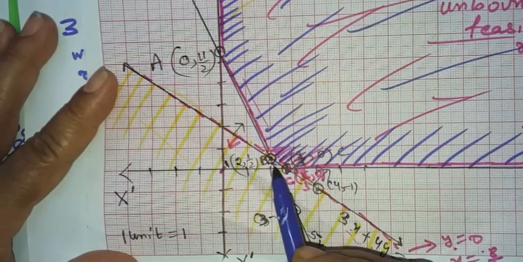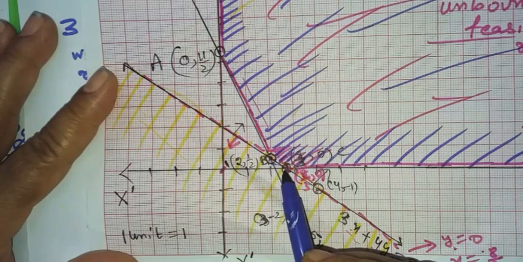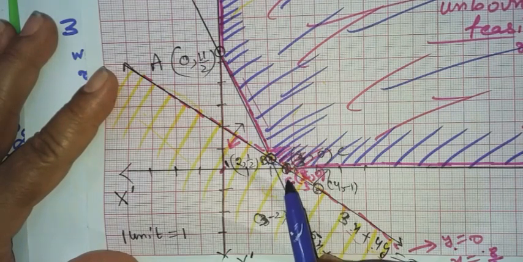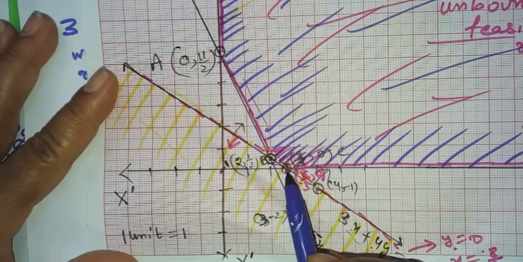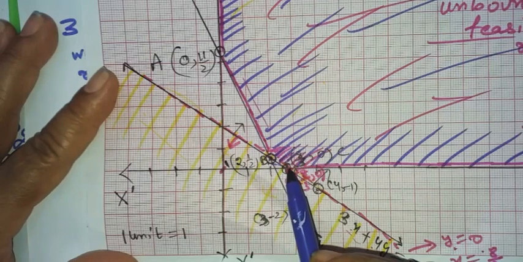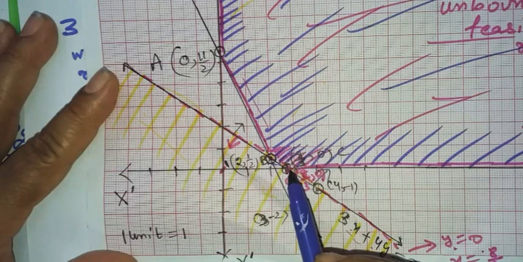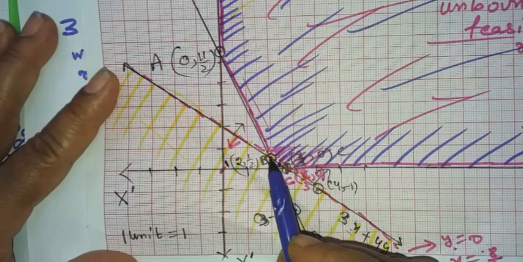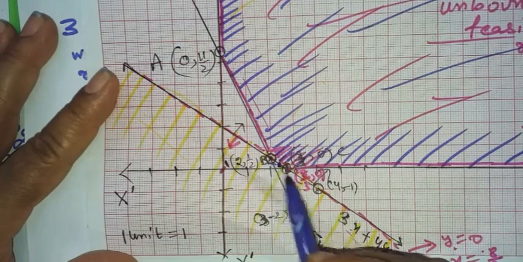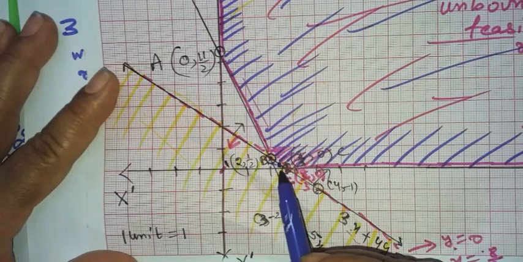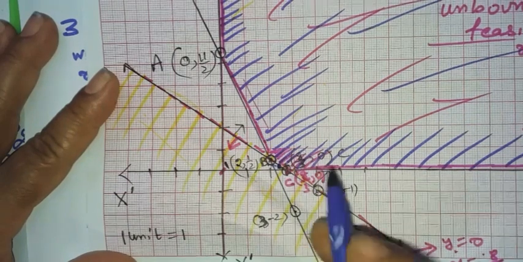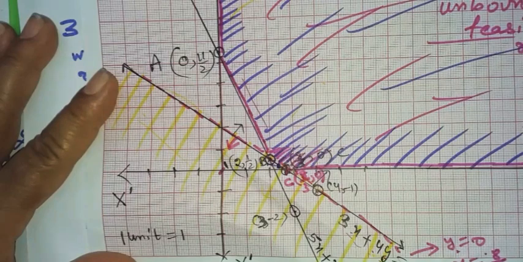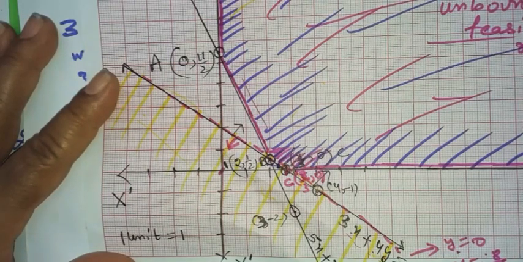It means that on BC you will have infinitely many points, every point will have some coordinate, meaning some value of x and some value of y. So you can mix the food P and food Q in that quantity, whichever pair of x and y you get on line segment BC. Are you getting my point? All the coordinates on BC will give you the minimum cost of the food mixture.